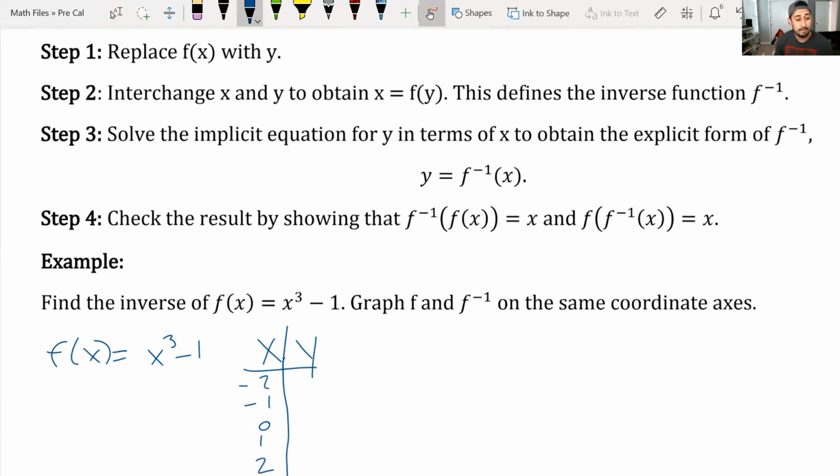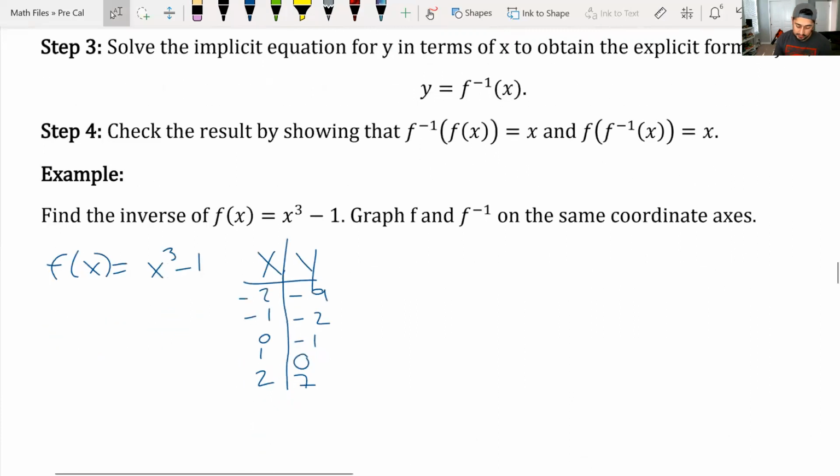Let's do that and plug them into x cubed minus 1. That would be -8 minus 1, so that'd be -9, -1 minus 1, -2, 0 minus 1, -1, 1 minus 1, 0, 8 minus 1, 7. Okay, so there's my XY chart. So there we go. We are ready to go.